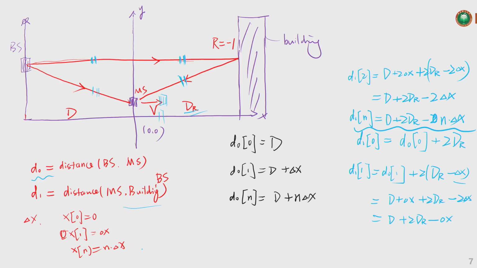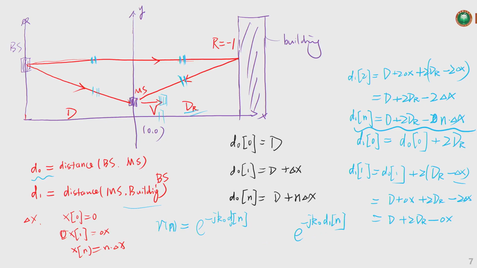For these 2 terms, the first one is the exponential of minus j k0 D0n, for example, and another term is e to the minus j k0 D1n.